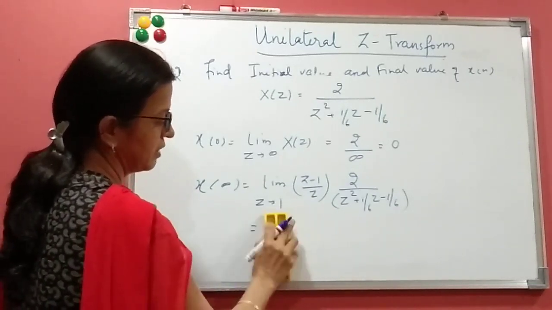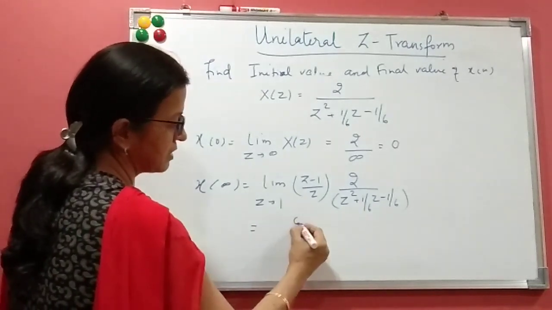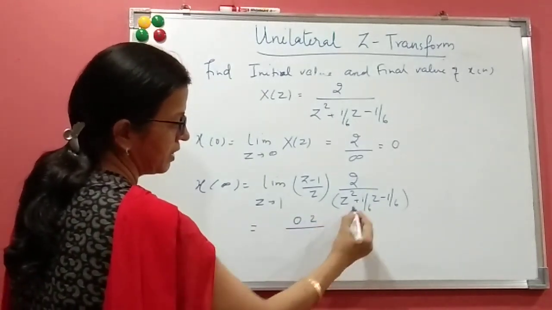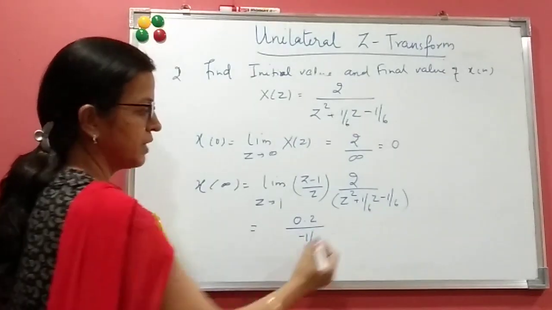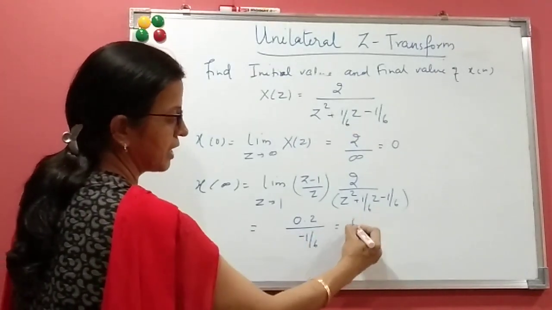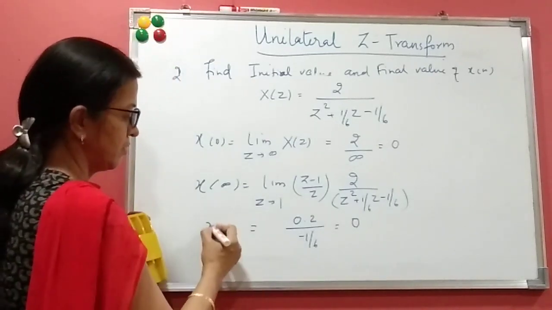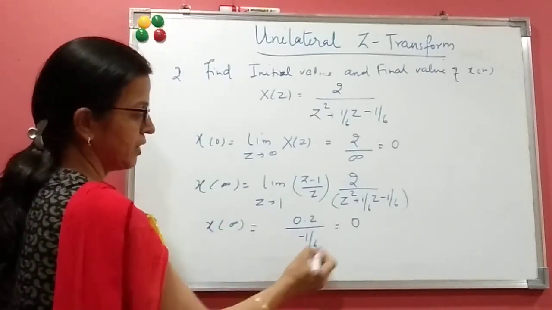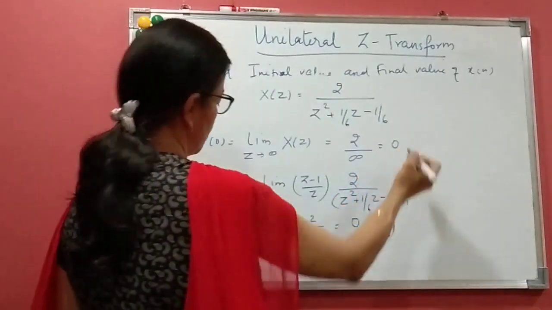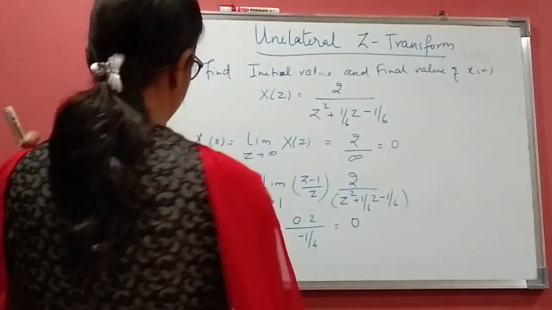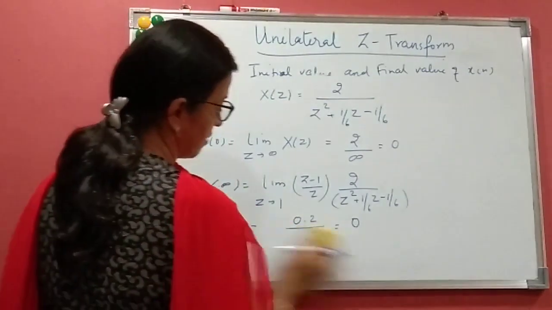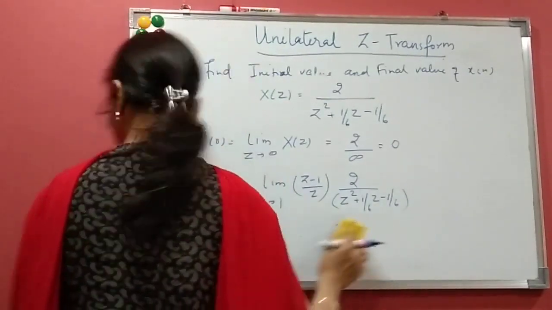So you get 0 into 2 upon (minus 1 by 6). Your answer is 0. It is defined: the value is 0 upon something, so it is 0. So both x of 0 and x of infinity are 0. Is it clear? So this is how we find initial and final values using the theorem.